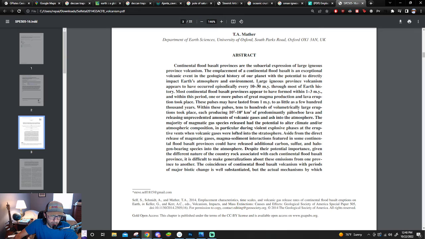This is more spontaneous events that just are painting a picture of that image. Most continental flood basalt provinces appear to have formed within 1 to 3 million years. Quickly. Just boom. Continental flood basalt provinces.